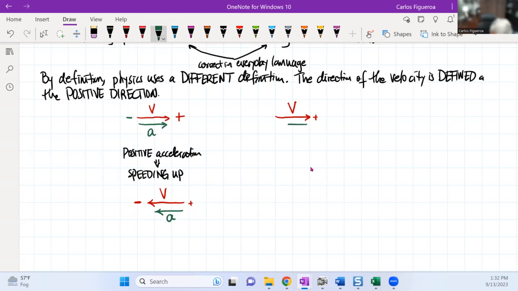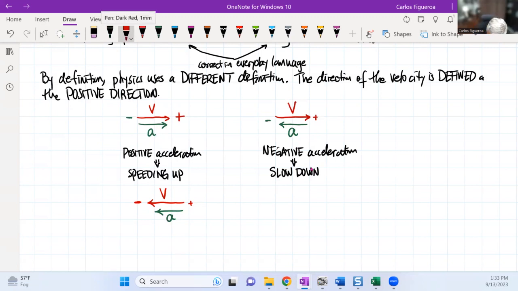So now if I point my acceleration in the opposite direction, we call this negative acceleration. And the reason why we call this negative is because no matter what, you slow down in this situation. You are slowing down.